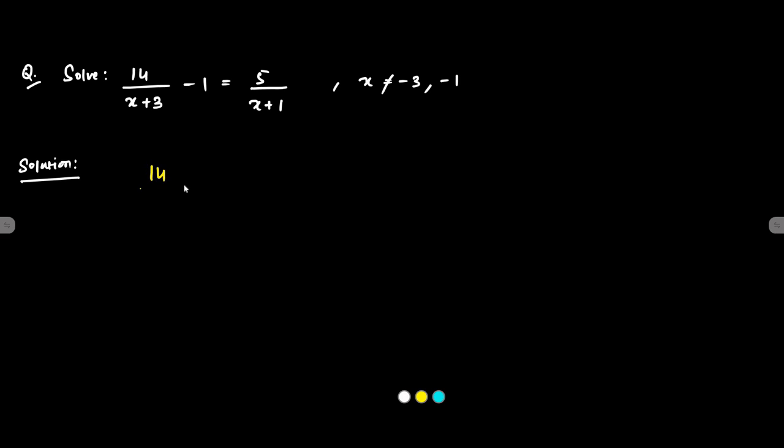14 by x plus 3 minus 1 is equal to 5 by x plus 1. That implies, again, this is given in a different format and we have to perform cross multiplication and a lot of addition, subtraction, and then we have to bring it into quadratic equation form and then solve it.